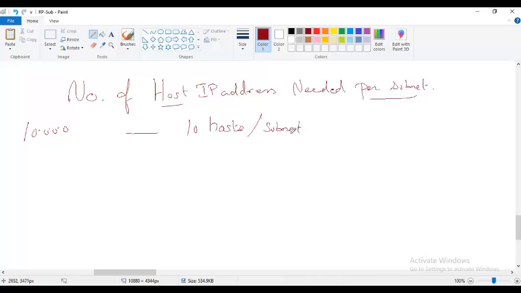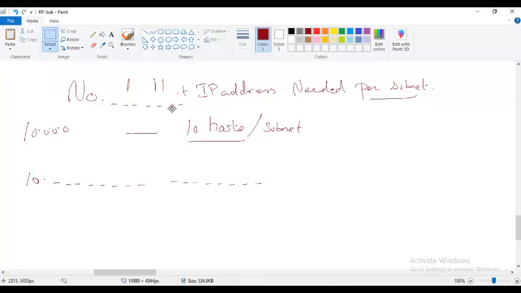Okay. So far, as I said, we were doing network subnetting. But this time, we are doing subnetting based on host, not based on the number of networks. So when you talk about host, we should go from right to left. What do I mean by that? Let me clarify that.